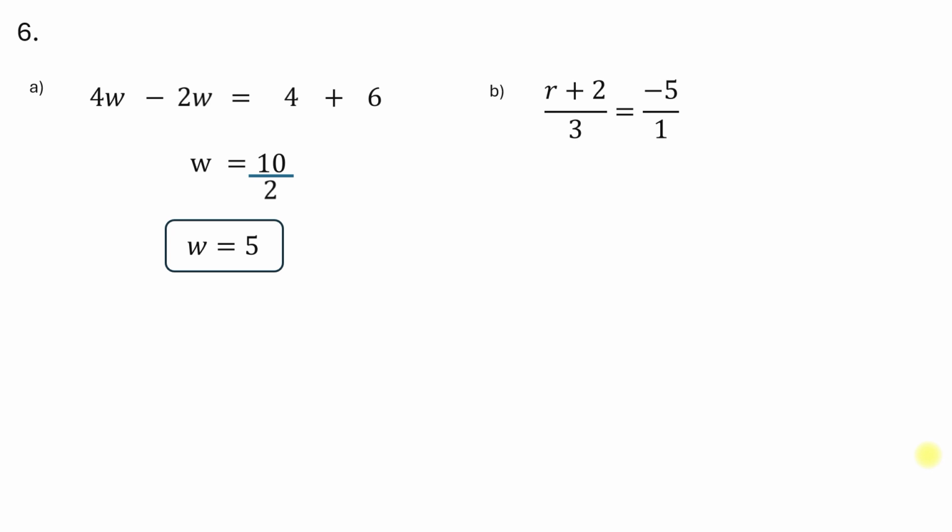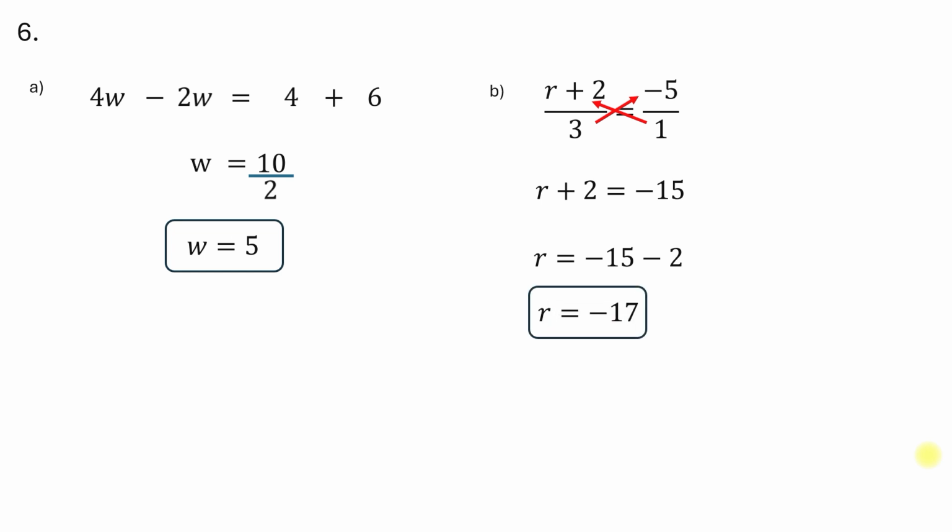So 1 times r plus 2 equals r plus 2. 3 times negative 5 equals negative 15. So we'll take that positive 2 on the left-hand side, bring it over to the right-hand side where it becomes a negative 2. R by itself equals negative 15 minus 2. R equals negative 17.